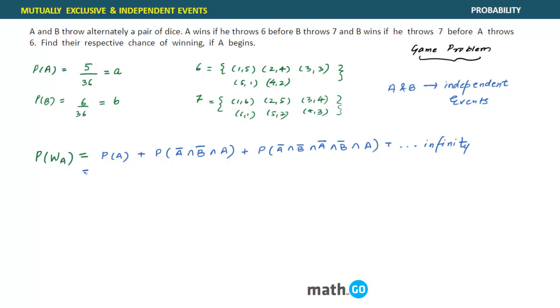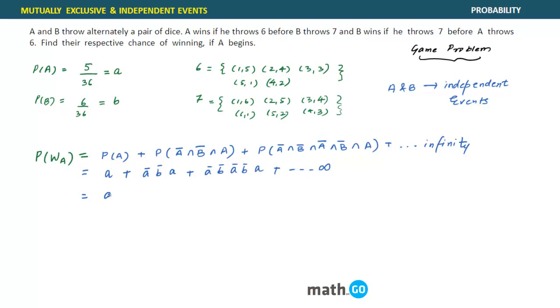So I would say this is nothing but A plus A bar into B bar into A, then A bar, B bar, A bar, B bar, A. This is what you can say. And this process will go on till infinity. This is an infinite series.